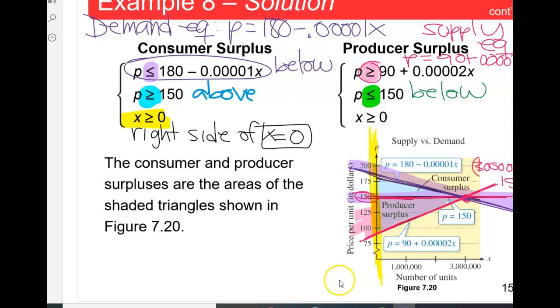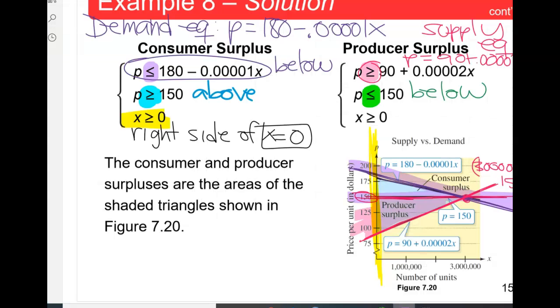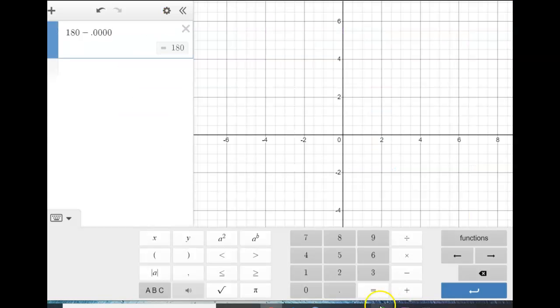So 180 minus 0.0000, and I believe that's 1 in the next. Okay. We cannot see it because we have to change the viewing window.